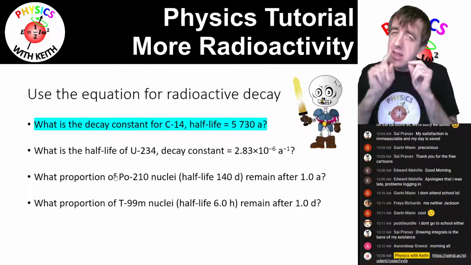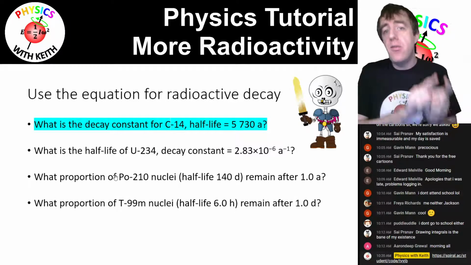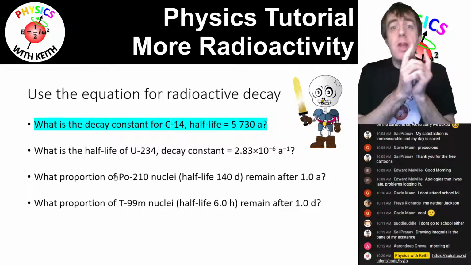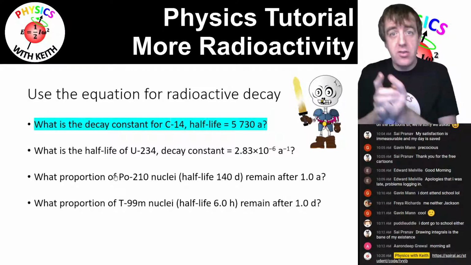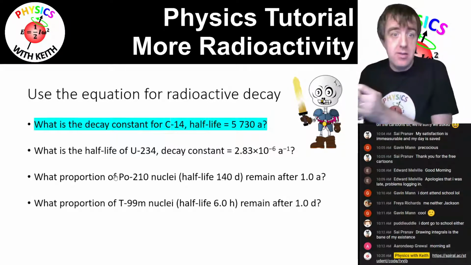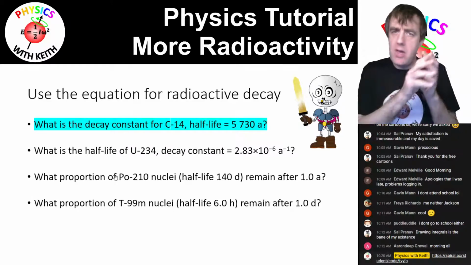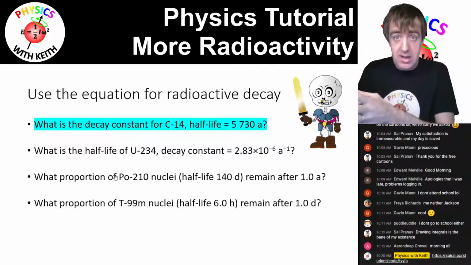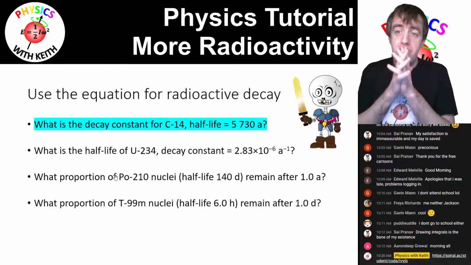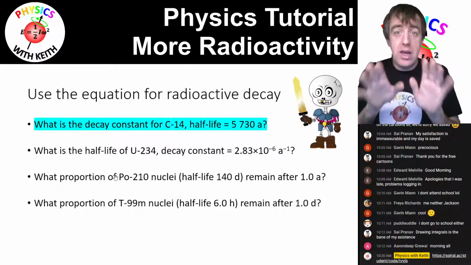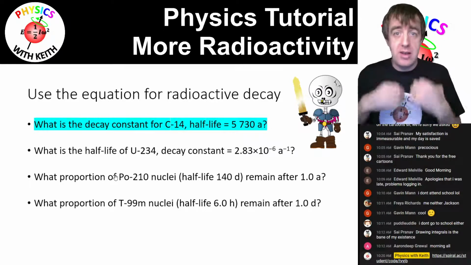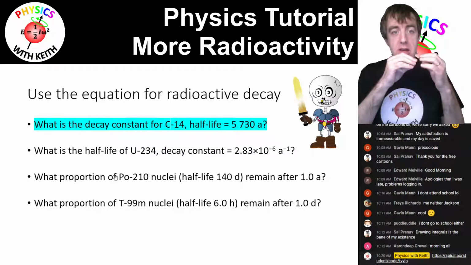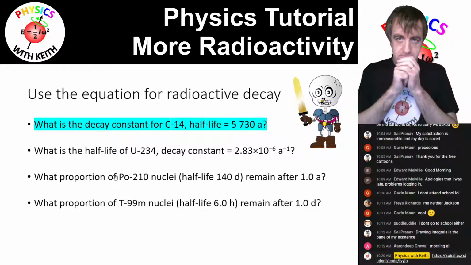Now the unit. Remember what I said? If you have a half-life in years, then you have a decay constant in units of per year. That's years to the -1. If you have a half-life in seconds, then you have a decay constant in per second. That's seconds to the -1. A lot of you gave me the right answer, but you automatically gave your unit in seconds to the -1.